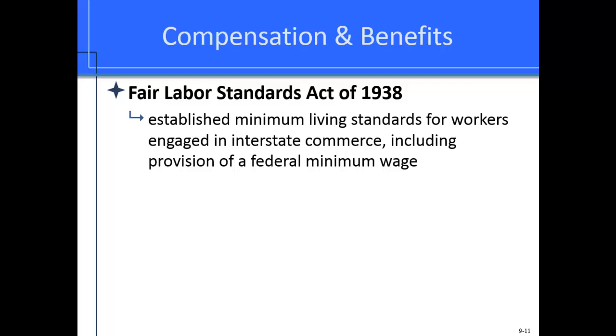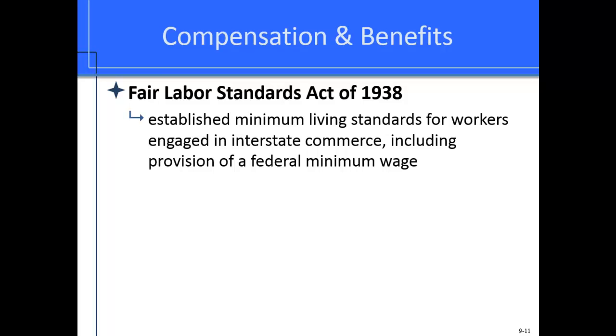Now when we move on to the next part, compensation and benefits, those are covered by the Social Security Act of 1935 and the Fair Labor Standards Act, which establish minimum wage and overtime pay regulations. The Social Security Act of 1935 established the U.S. retirement system, and the Fair Labor Standards Act established the minimum wage, currently about $7.25 an hour, and required overtime pay for employees working more than 40 hours a week.